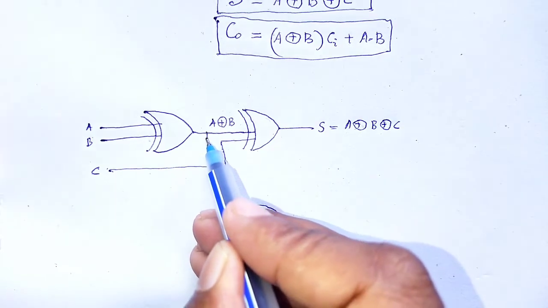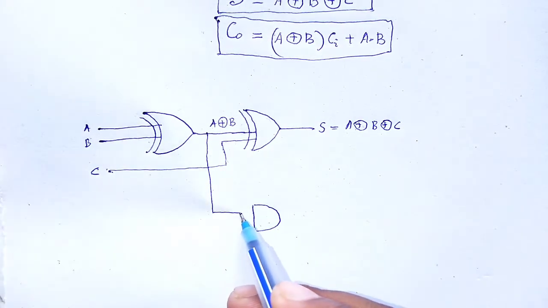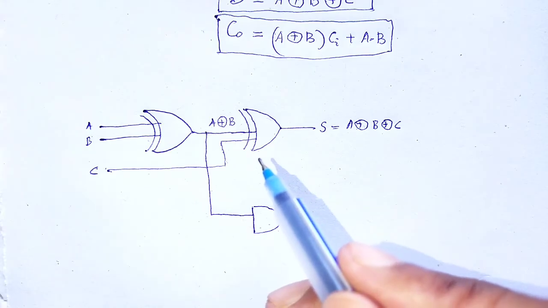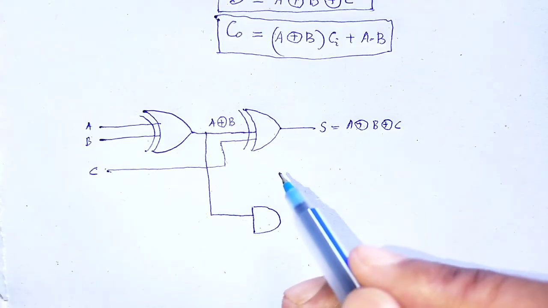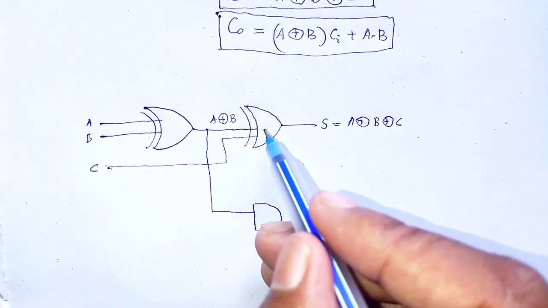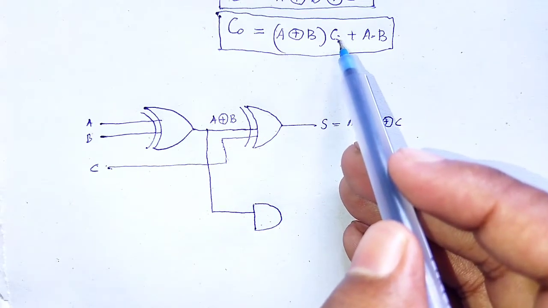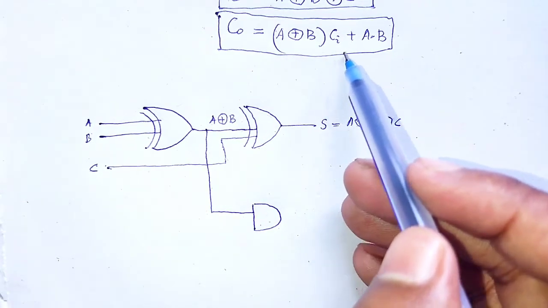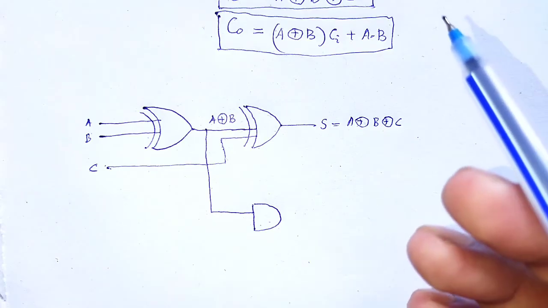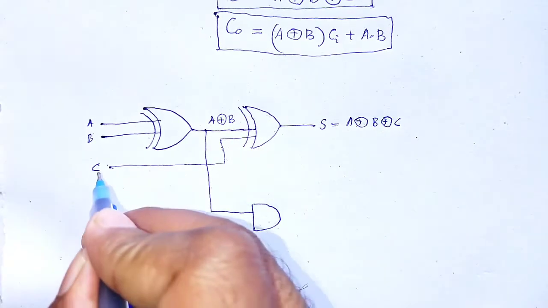One input is A XOR B. Another input is Ci, that is the carry input.